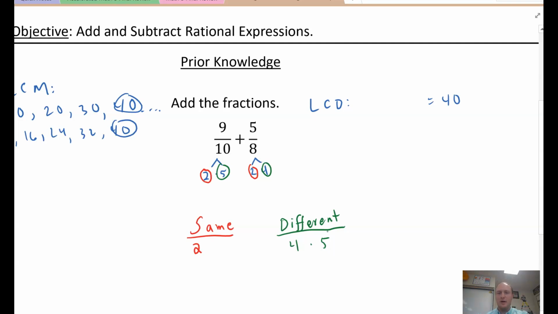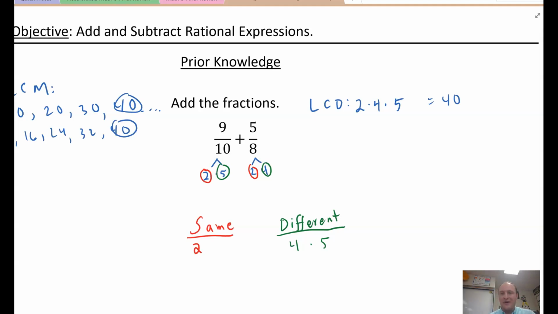So the factors that are matching is 2, and the factors that are different are 4 and 5. Believe it or not, this is how you find your lowest common denominator and the least common multiple. This is the algorithmic way. So 2 times 4, which is 8, times 5. Is that not 40? It is. There's the lowest common denominator.